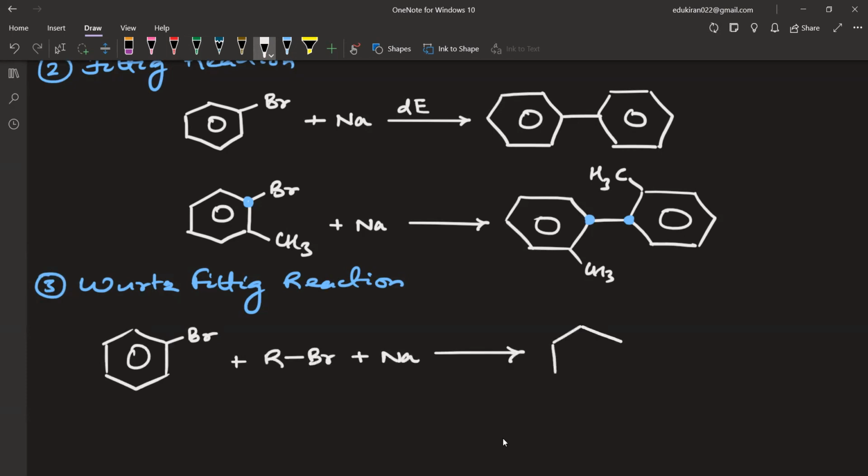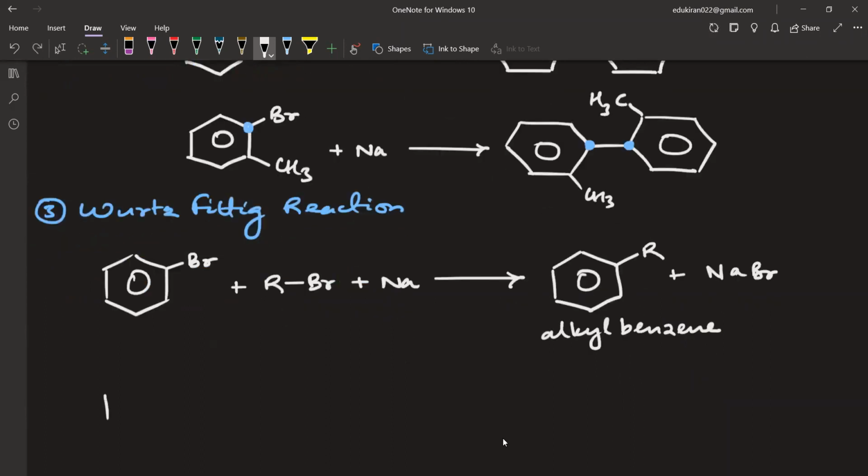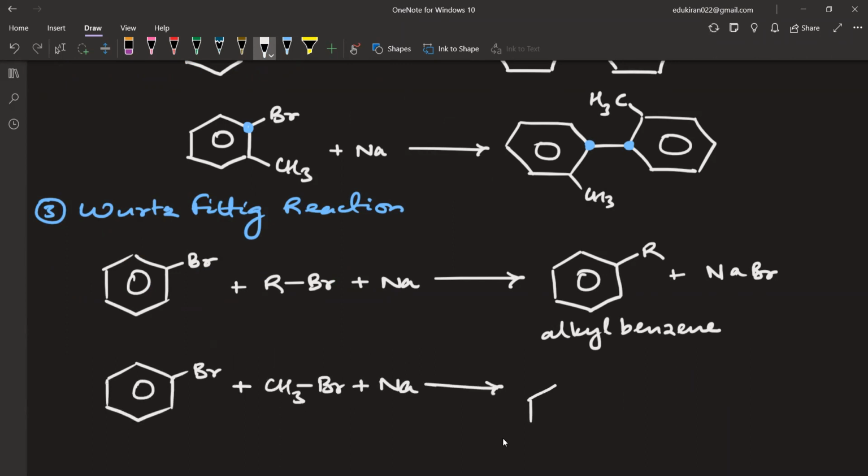In place of Br, we are going to have R. So this is alkyl benzene, which is methyl benzene, aka toluene.